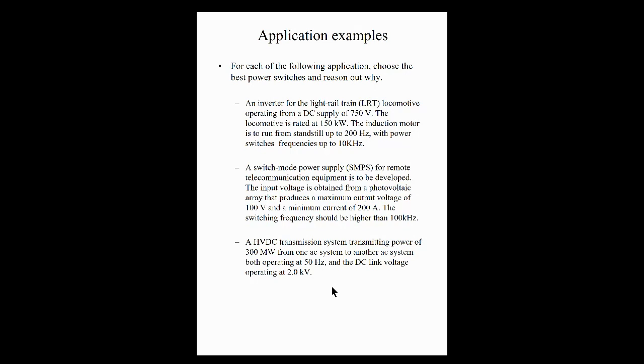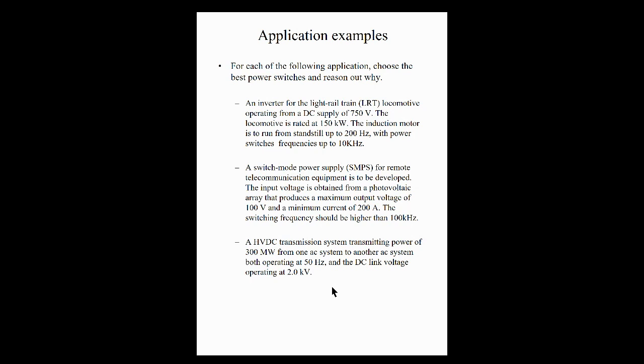So the next one here, you have a high voltage DC transmission system transmitting power of 300 megawatts from one AC system to another system, right? And both are operating at 50 hertz, right? However, the DC link voltage is operating at 2 kilovolts, right?